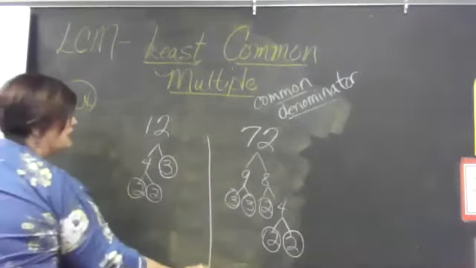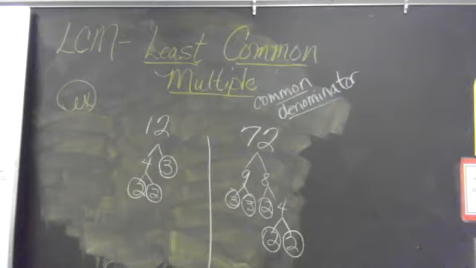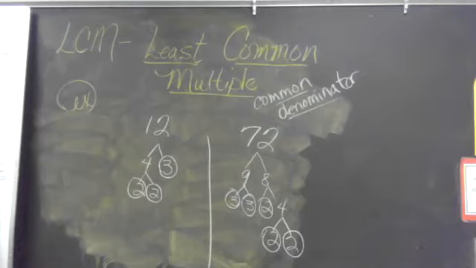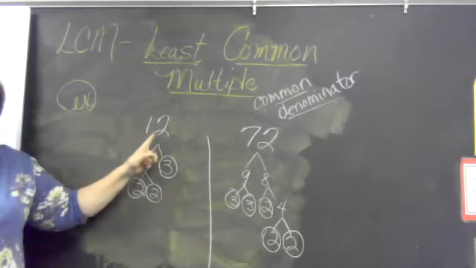I'm spending extra time on this because a lot of times teachers just skip over this and then you struggle finding common denominators. There will be times you'll be able to see what the answer is. This is to use when you can't see what it is. Now remember, the least common multiple that we're going to come up with will have to be 12 or bigger.